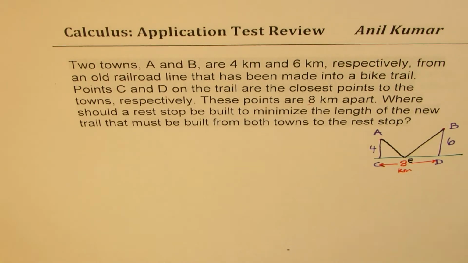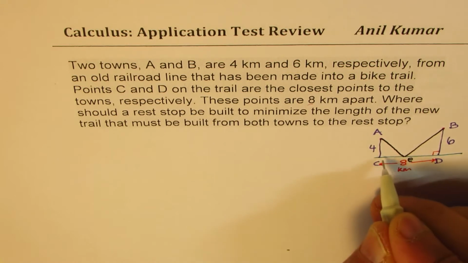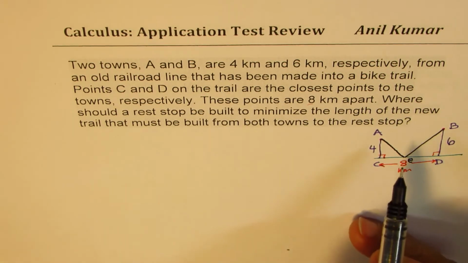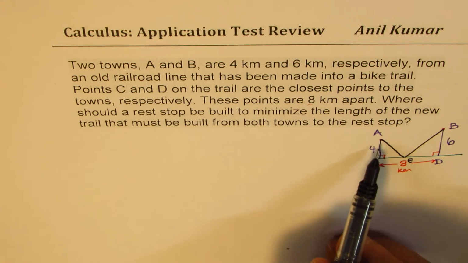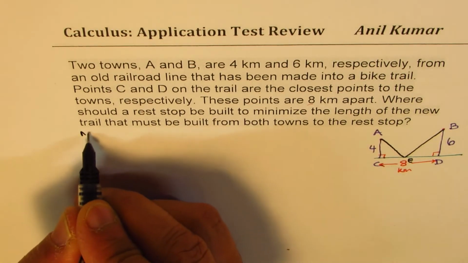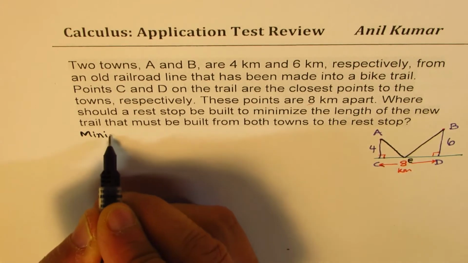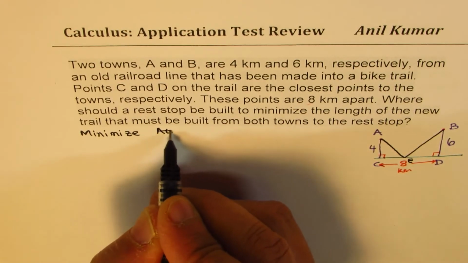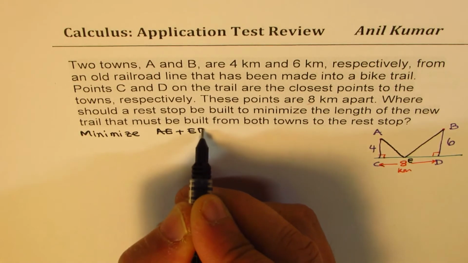And now you can actually pause the video, answer the question, and then look into my suggestions. Okay. Now let's see how to solve such a question. So basically, we have to minimize the distance AE plus EB. So that is the question for us basically. So minimize AE plus EB.